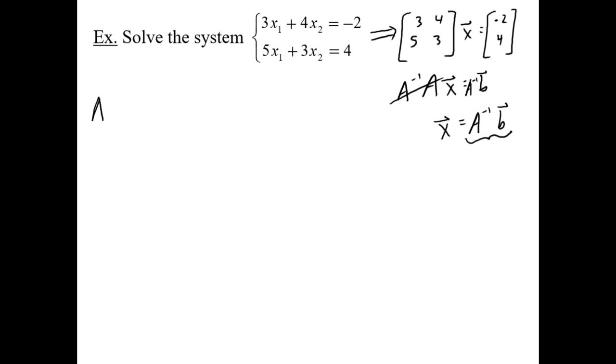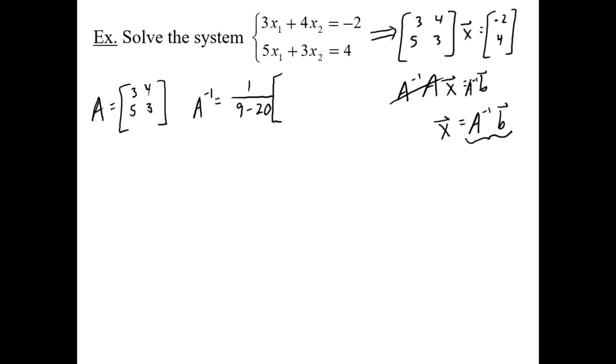Well, we know that A is the matrix [3, 4; 5, 3]. So that tells me that A inverse is equal to 1 over, multiply the main diagonal minus multiply the other diagonal, and then we're going to switch, let's see. So now we multiply that by a new matrix where we rearrange the old one.